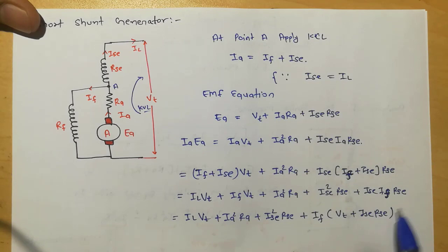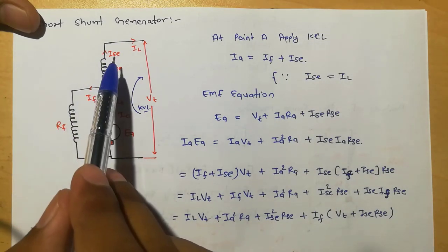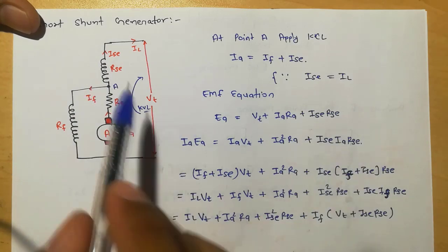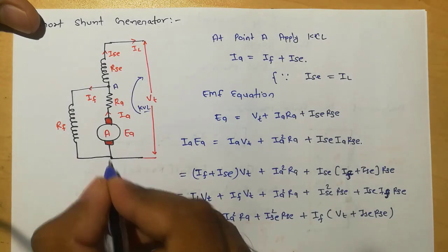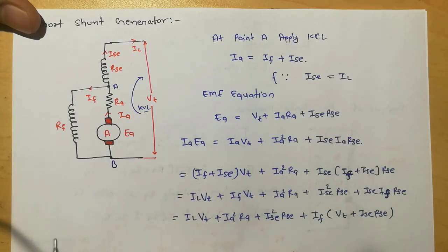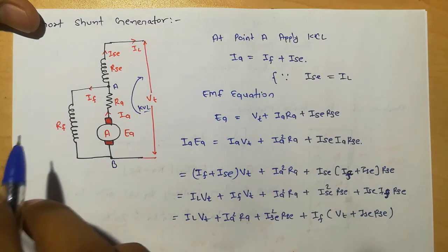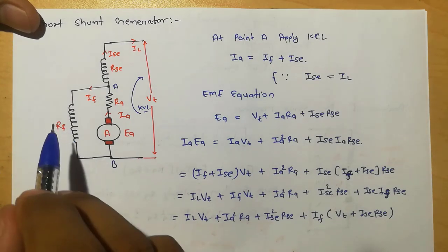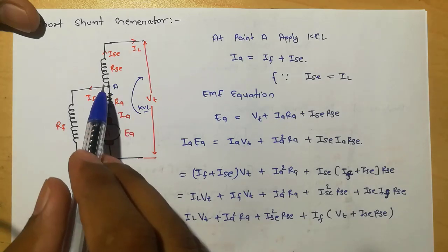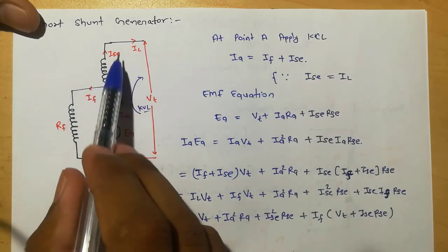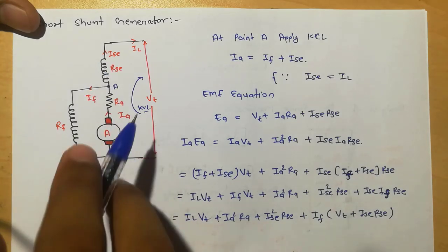So the Ise Rse drop is here. This voltage plus the terminal voltage is equal to the voltage across terminals A and B, which is the shunt field winding voltage, and the voltage from A to B is equal to the drop in the series field winding plus the terminal voltage.